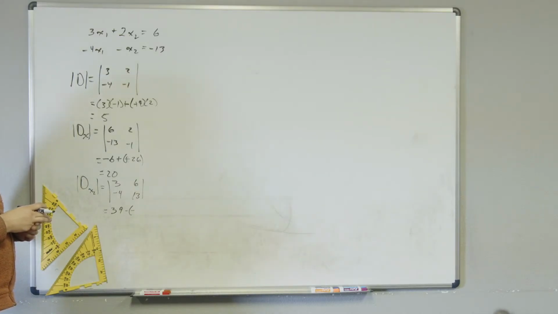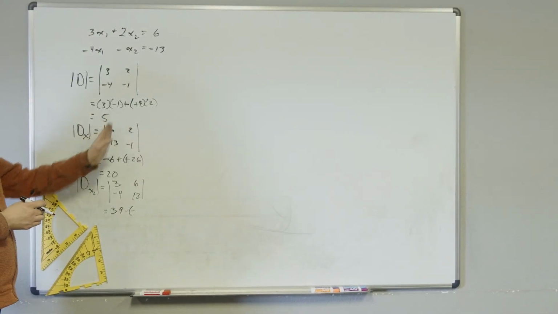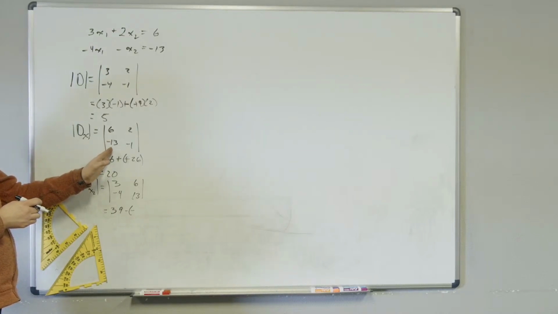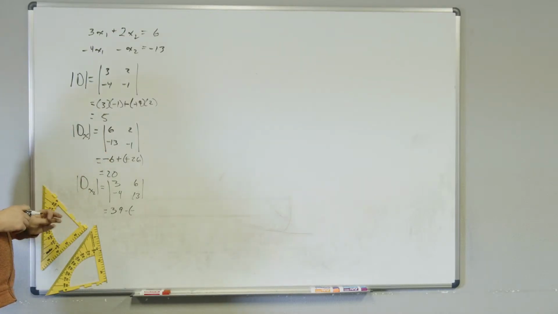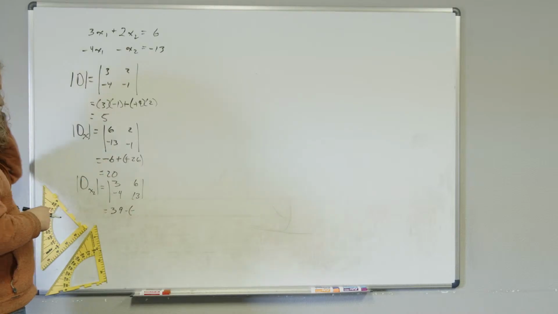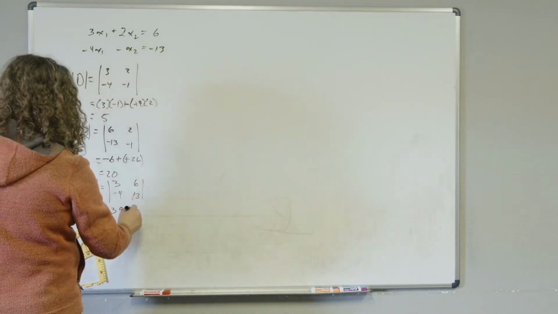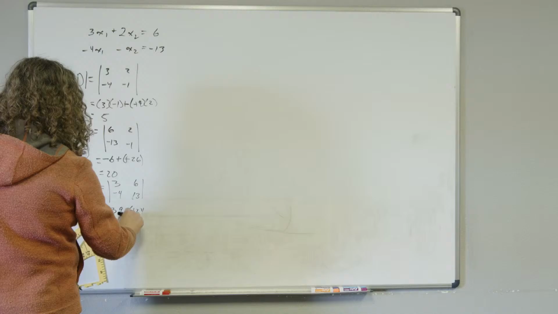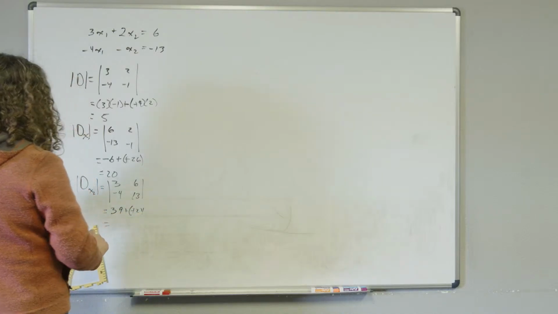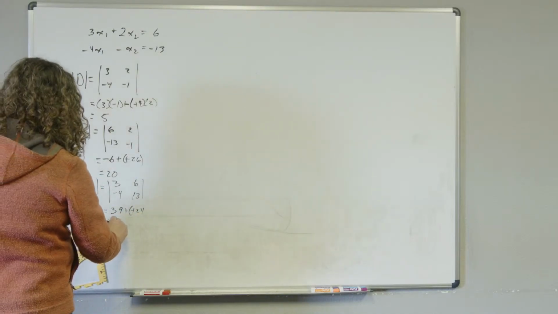On the x one, we changed the x's to the answer column, and on the y's we changed the y's to the answer column. Okay, negative 24, which is positive. It's 63.